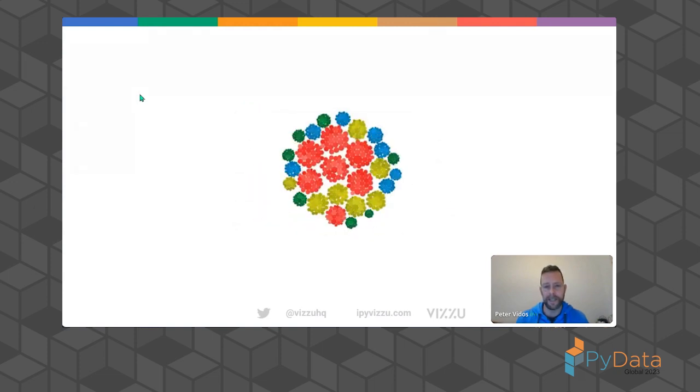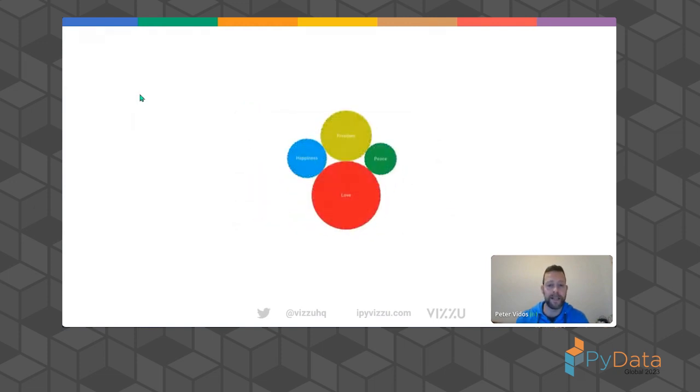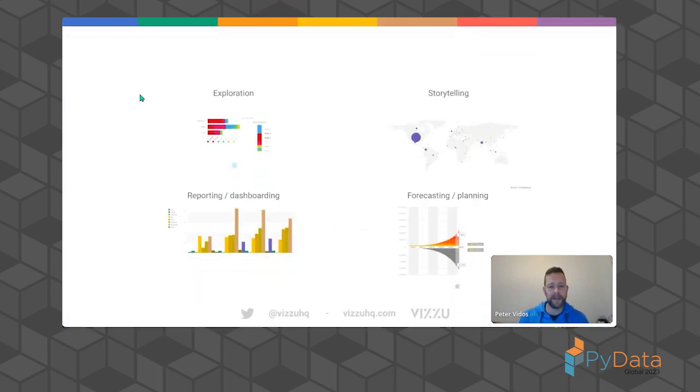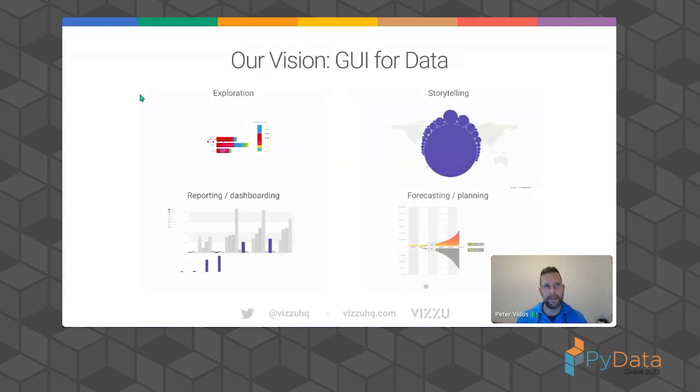And the next logical question would be why we built such an engine. We're actually working towards this vision of building a new graphical user interface for data in general.